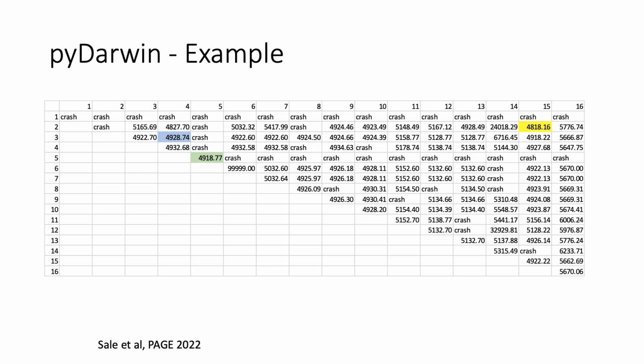So here you have, for example, bit 5, you get a fitness function of 4918. And in any of the other cells, what you see are the effect of changing 2 different bits. So the best model had the fitness value of 4818, and that involved changing bit 15 and bit 2 simultaneously in order to find that solution.